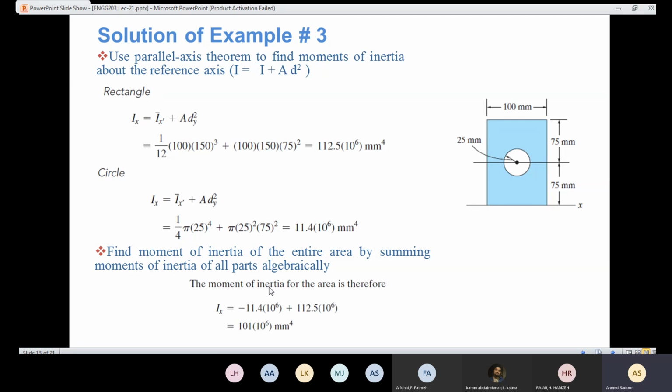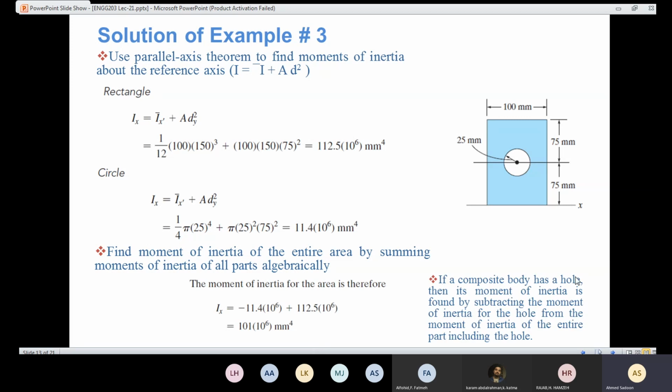So I need to put it negative because I have a hole, and this one is going to be positive. So if a composite body has a hole, then its moment of inertia is found by subtracting the moment of inertia for the hole, this one here, from the moment of inertia for the entire shape.